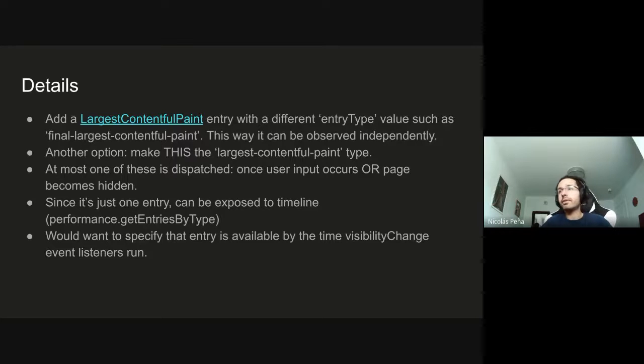And for that reason, it could be exposed in the performance timeline, because that's what we usually do. We allow exposing these one-off entries in the performance timeline, since it's an easy way to determine if they have been reached or dispatched at any given point in time, instead of using a performance observer and taking records on the observer.